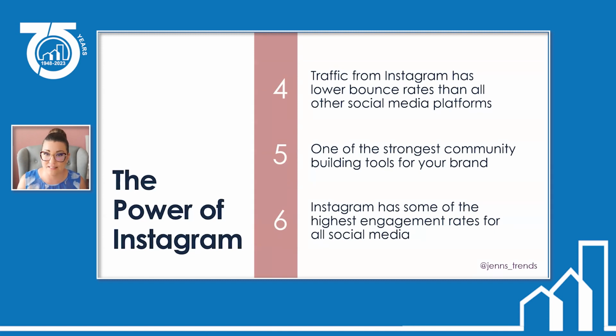Now, 3% doesn't sound like a lot. And engagement rate is likes. Usually we'll look at likes divided by your number of followers. So if you have 100 likes on a post and you have 1,000 followers, you have a 10% engagement rate. That's usually what we use for the metric. So the average 3 years ago was 3%. I will tell you it is down. It is significantly down.